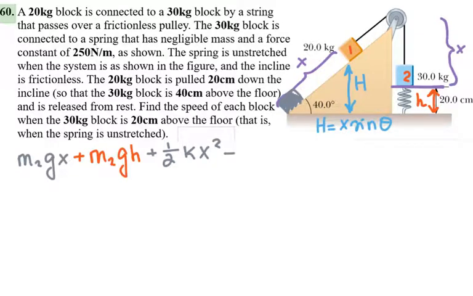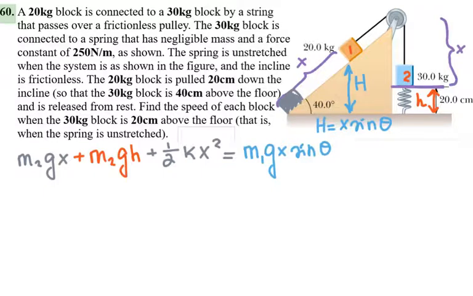After I release the block, when it is back to the position you see in the picture, block 1 has potential energy M1G times H, and H is X sine theta, so M1GX sine theta.